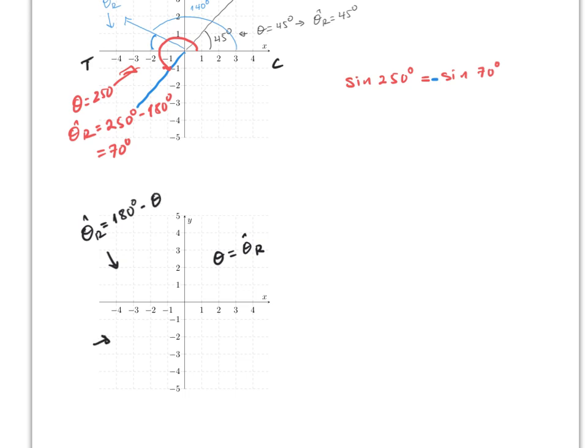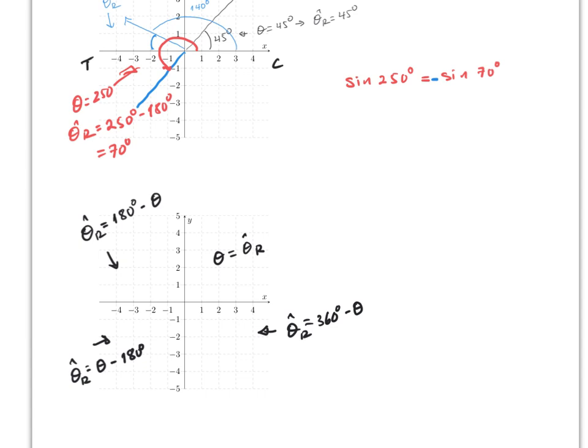If you are in the third quadrant, the reference angle is going to be whatever the angle is minus 180 degrees. And if you are in the fourth quadrant, the reference angle is going to be 360 degrees minus whatever theta is.